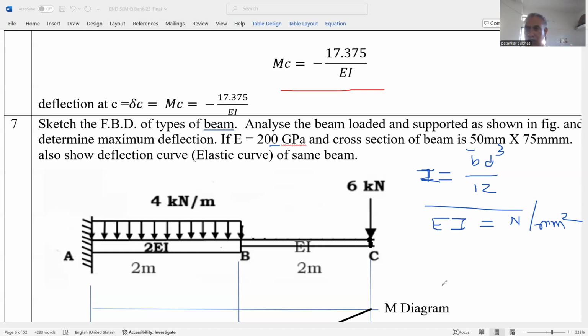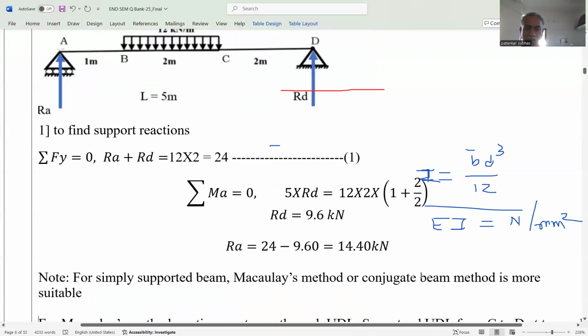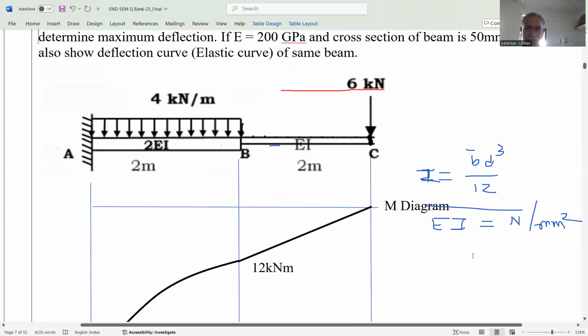Okay. So here also the method is not mentioned, which method we can use or is suitable. For cantilever, generally we use the Macaulay's method, that is double integration method, or moment area method, or conjugate beam method. All these methods are suitable. So let us discuss this method.